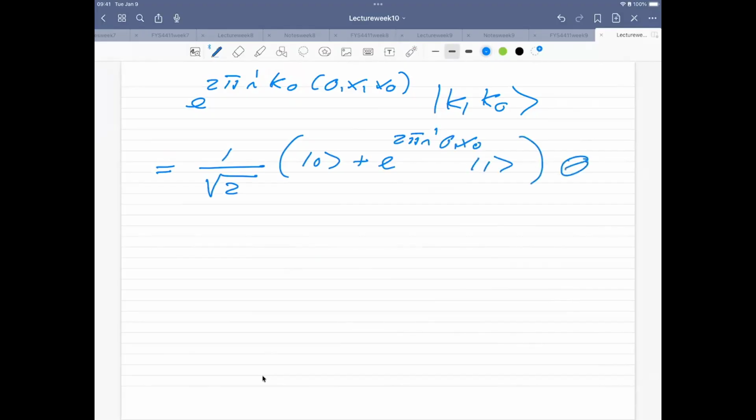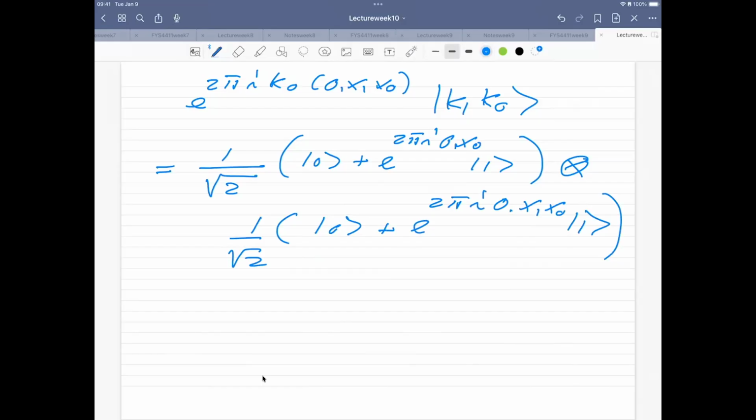And then there's a tensor product with 1 over square root of 2 of 0 plus e of 2 pi i of 0, and then I have X1, X0 multiplied with 1.